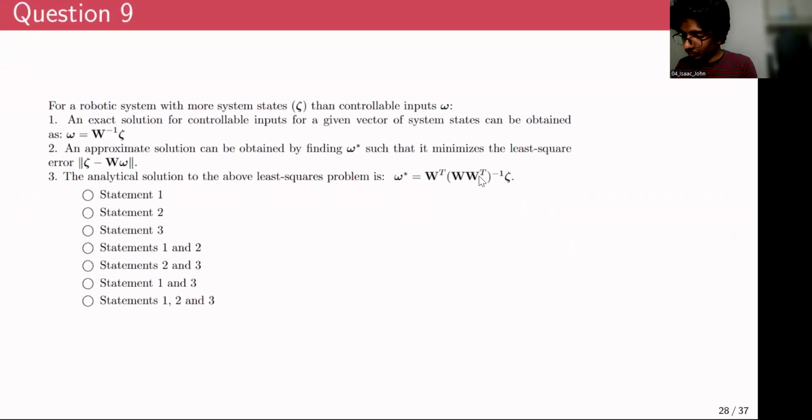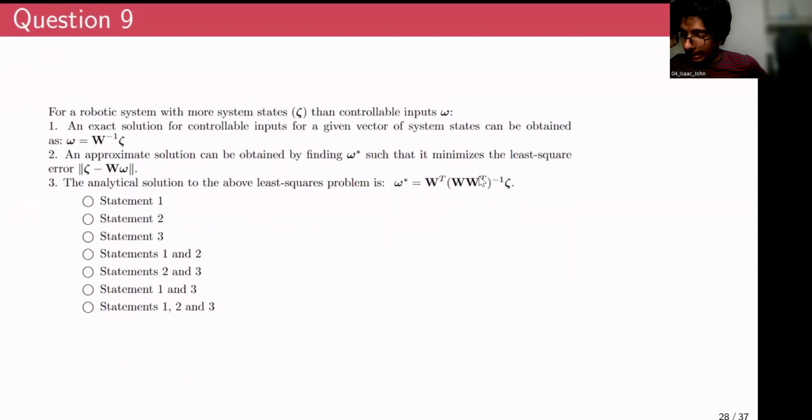Okay, so moving on to question 9. For a robotic system with more number of system states than controllable inputs, which of the three statements are true? An exact solution for controllable inputs of vector of systems can be obtained by omega as W inverse zeta.